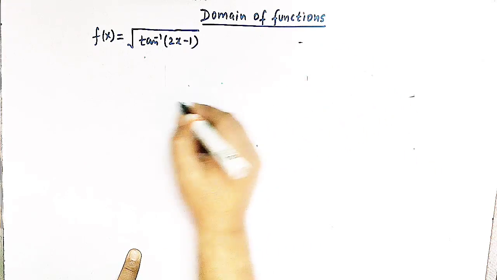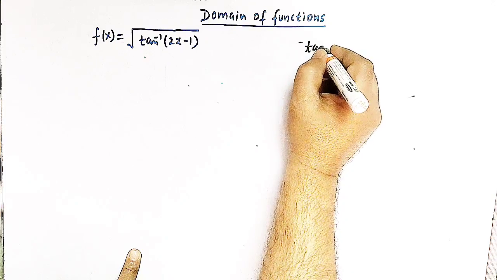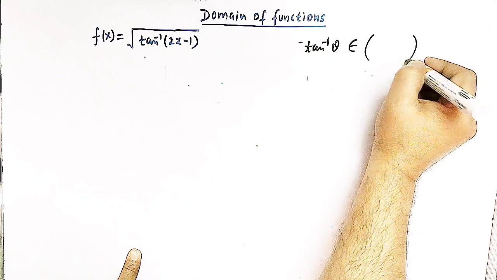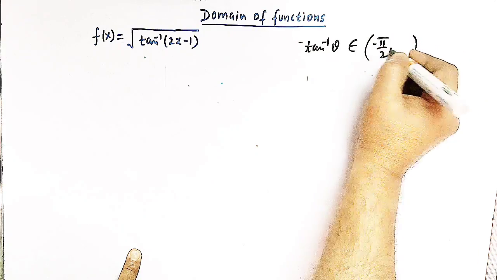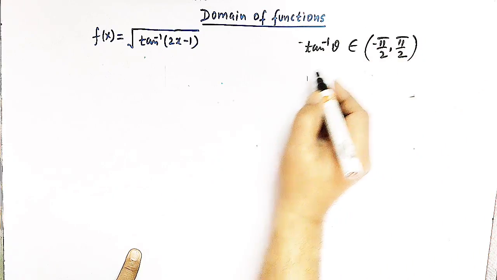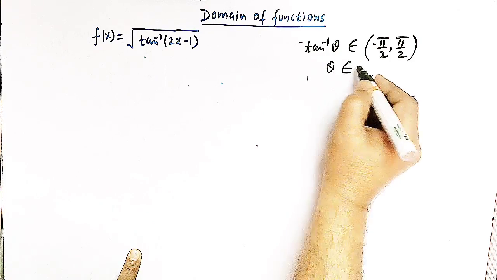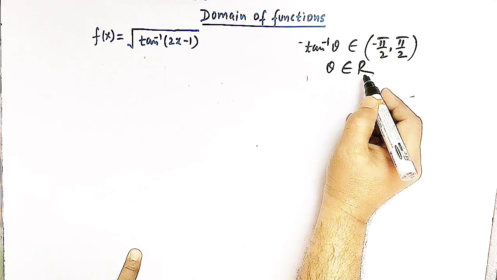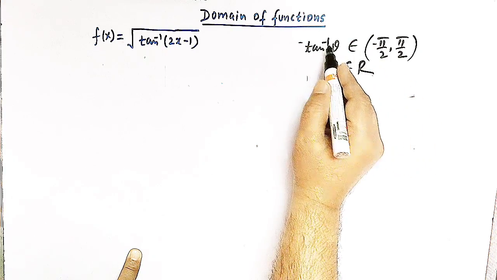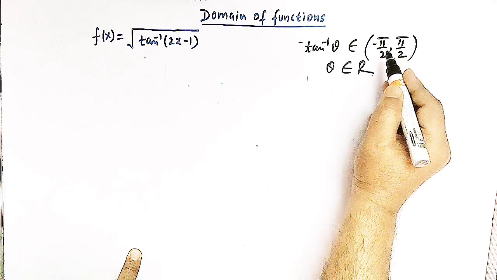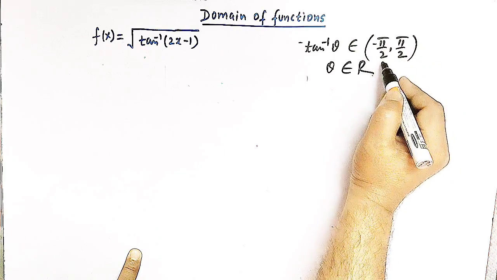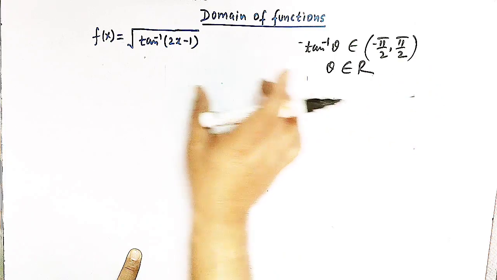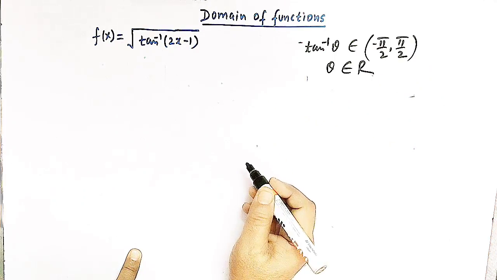From inverse trigonometric functions we know that tan inverse theta belongs to the open interval minus pi by 2 to pi by 2, provided theta belongs to the set of real numbers. So theta belongs to the real numbers, and tan inverse theta has the range, the open interval minus pi by 2 to pi by 2. We are going to use this concept to find the domain of this function.